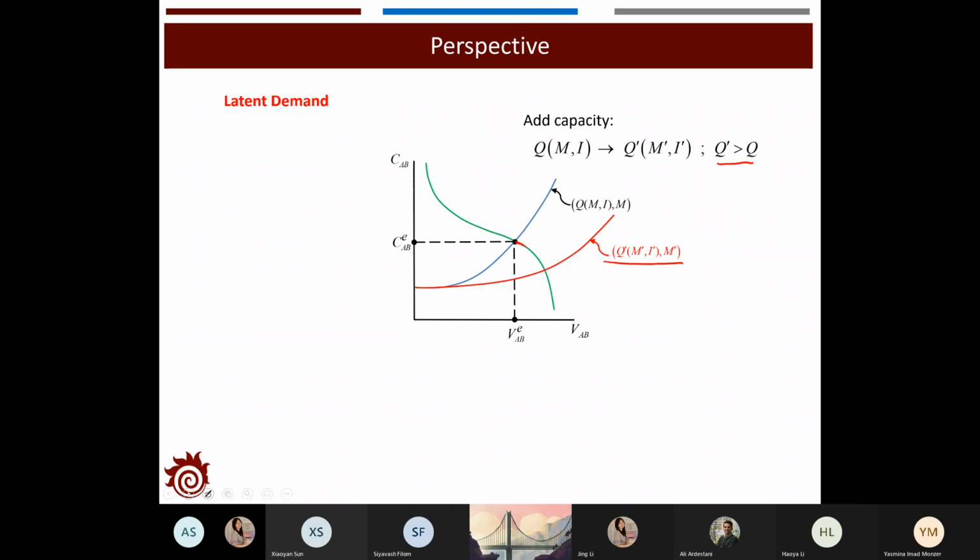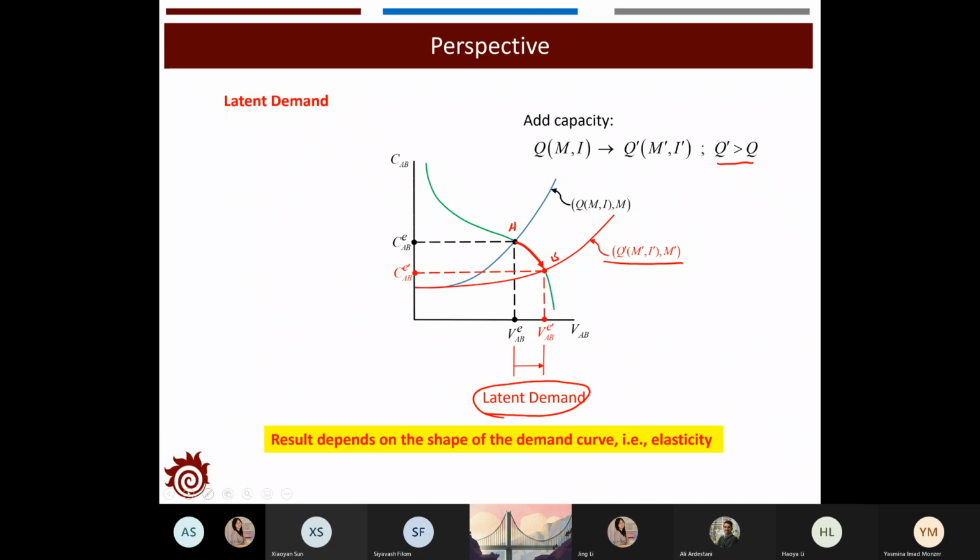So with the same cost on the road, you can support more volumes, more flows. In that sense, with this kind of investigation, your equilibrium point is changed from A to B, and of course you're going to see the changed volume from VE to VE prime, and this difference is defined as the latent demand, which would be the demand changes from the changing supply functions.